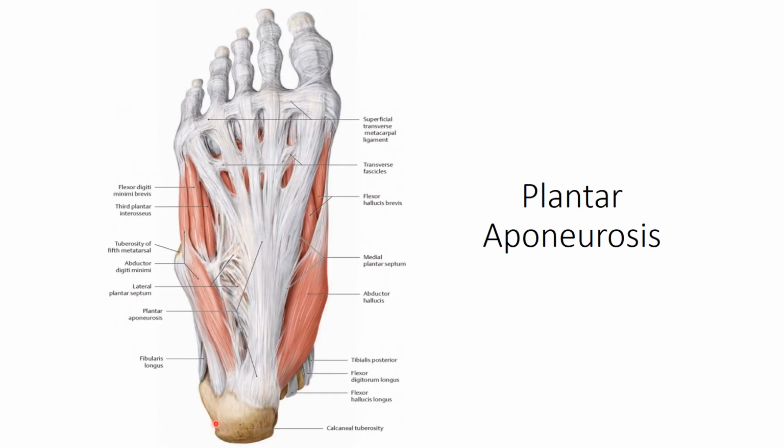This lateral portion of the plantar aponeurosis runs from the posterior pillar, which is the calcaneus, to the heads of the lateral two metatarsals. So it acts as a tie beam between these two pillars, the anterior pillar, which is the heads of the lateral two metatarsals, and the heel bone calcaneus. So it acts as a tie beam, lateral portion.